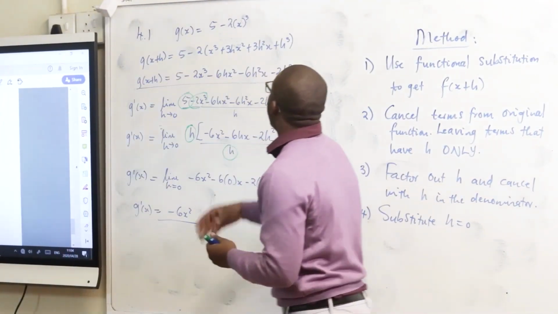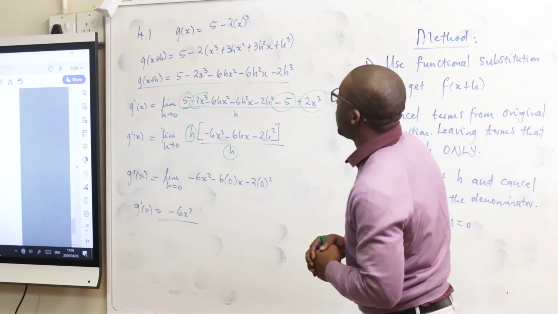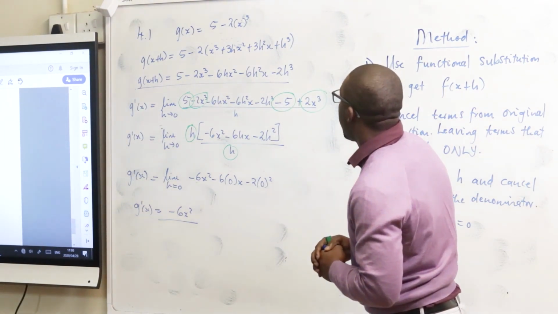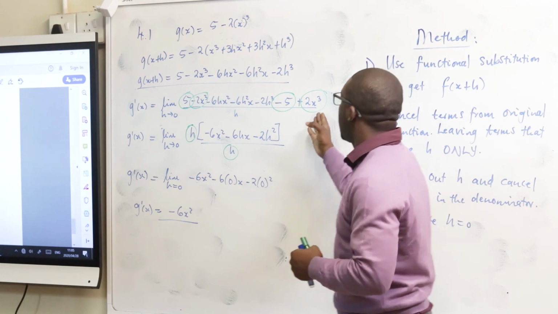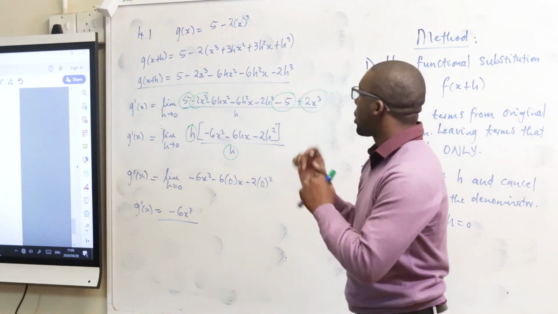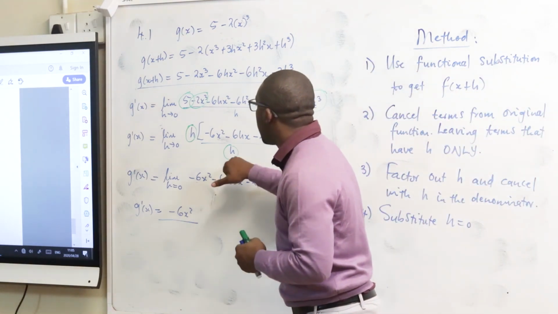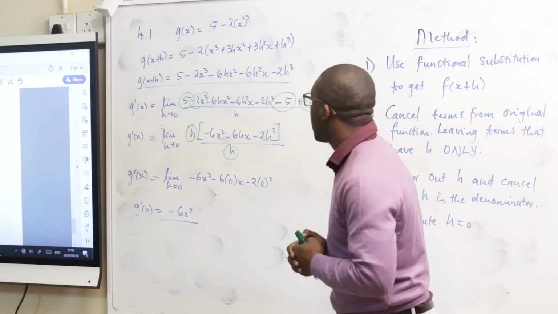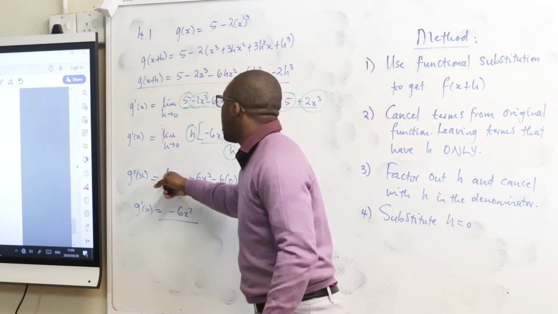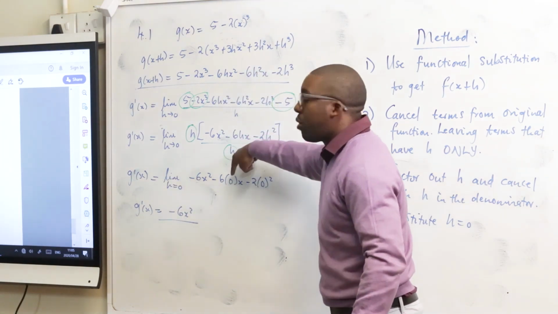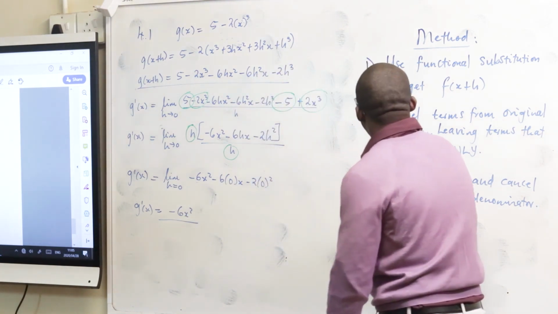Use functional notation, functional substitution. That will give us g of x plus h. Then from there, you are going to cancel terms from the original function, just like we did there, the circled green terms are cancelling. Step number 3, factor out h and cancel h with the h in the denominator. That cancels out. Fourth step, substitute h is equals to 0. Any lingering h that's still there becomes 0, and we have g prime of x.